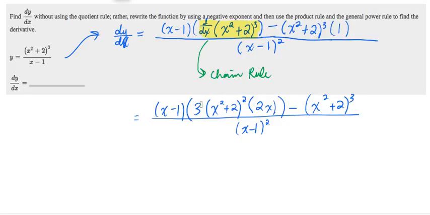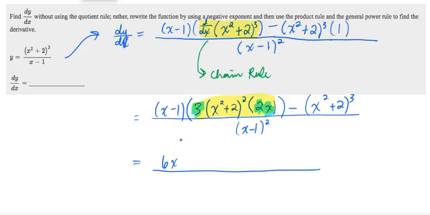Now you may be able to enter your answer like that. This is not a simplified answer, so you just have to try it and see if it's accepted as correct. I'm not entirely sure. I would personally probably simplify first, partly just for the practice of simplifying. So in my first big factor right here, I've got this 2 and this 3, and the x, I'm going to pull out to the front just to simplify it as 6x.